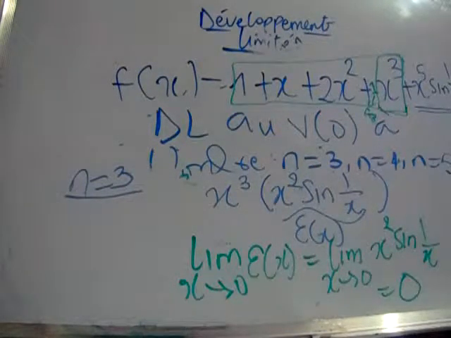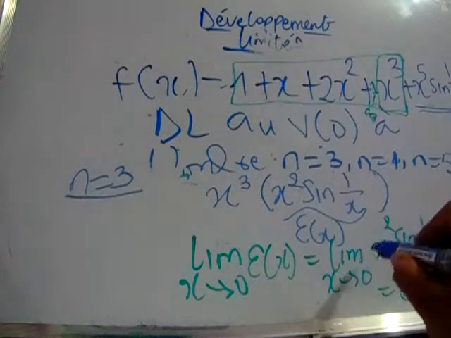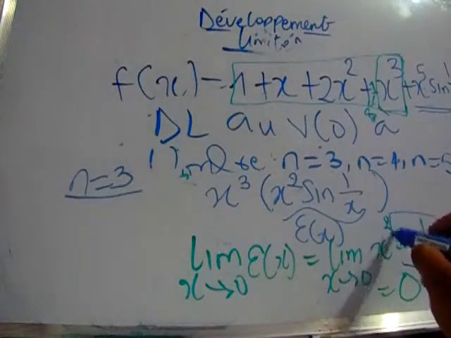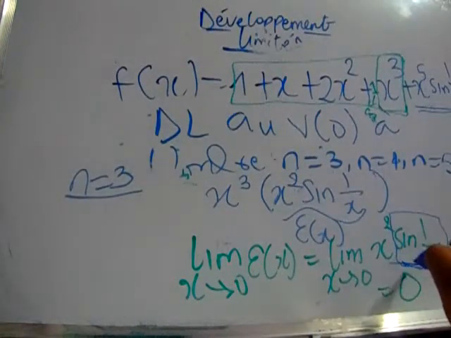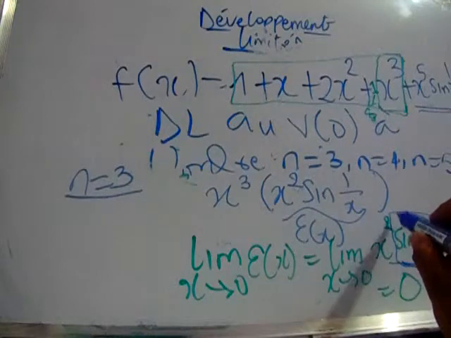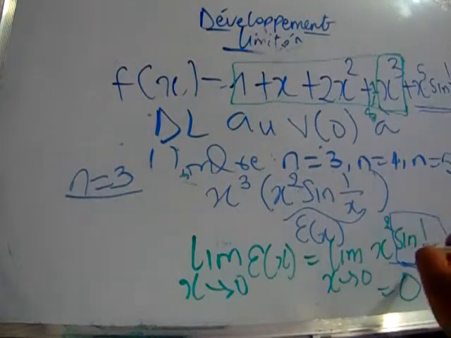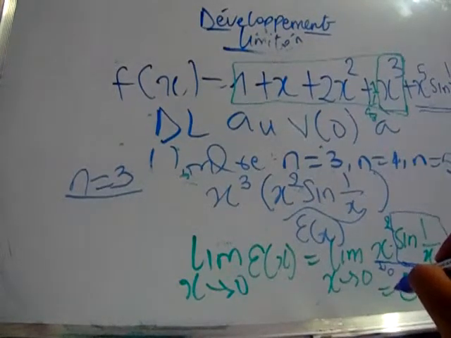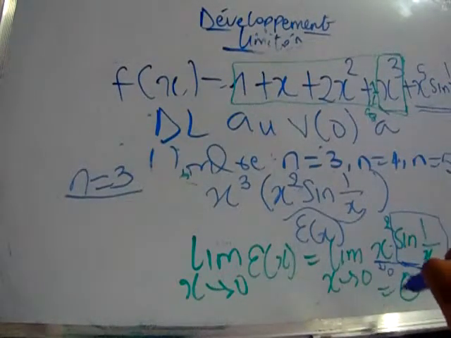There is a theorem that states that a function that is bounded, in French we say bornée, multiplied by a function that approaches 0, the limit automatically becomes 0.